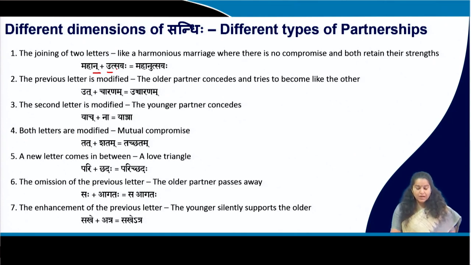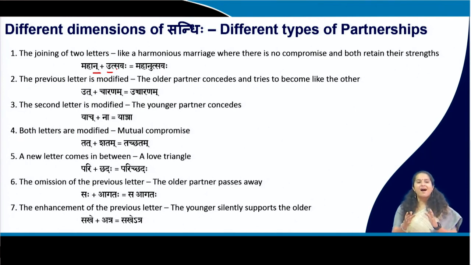Let's move on. You've got the case where a new letter comes in between. That's a bit like a love triangle, where you have pari plus chada becomes parichadaha. Then in the next case, sometimes there is an omission of the previous letter. That's a bit like the older partner passing away or going out of the picture.